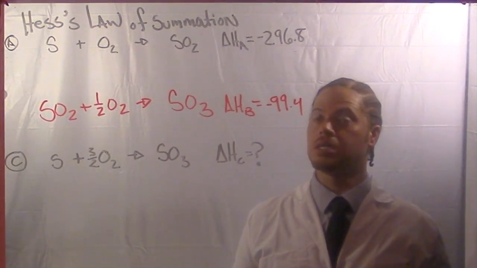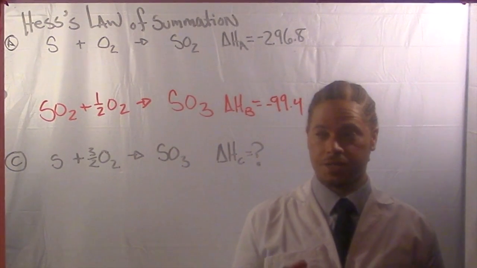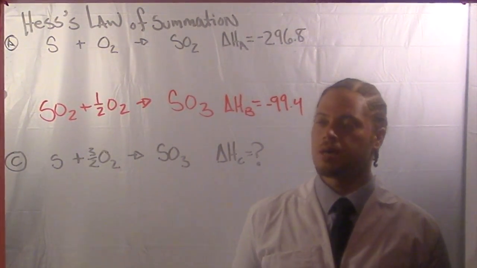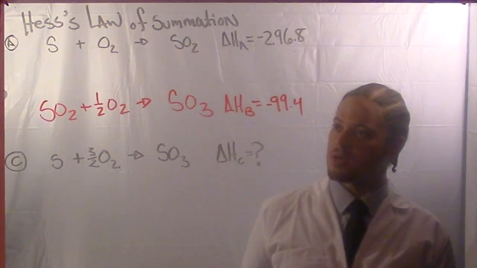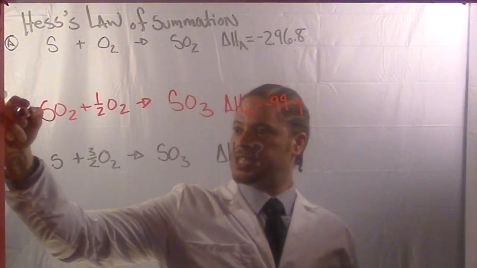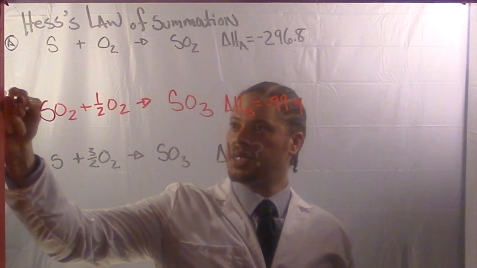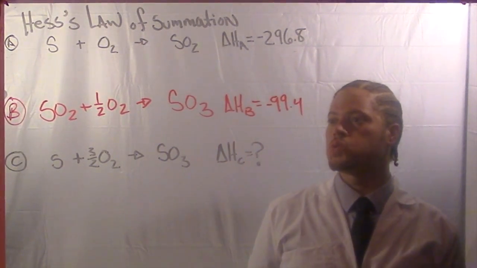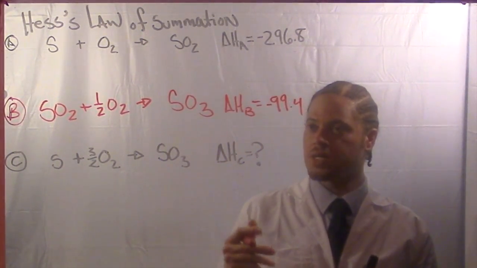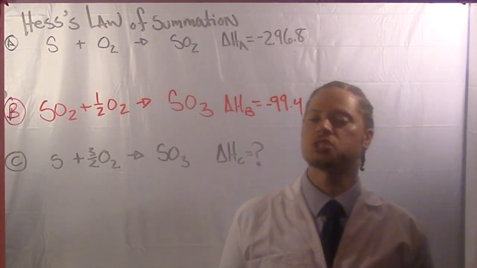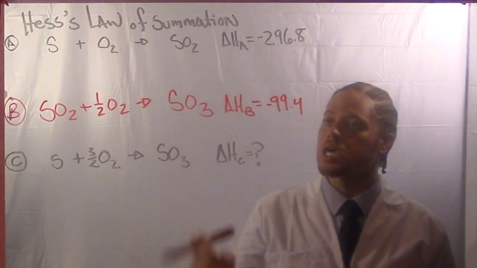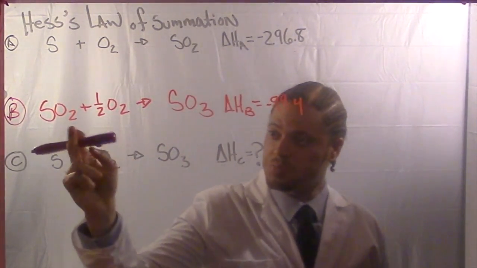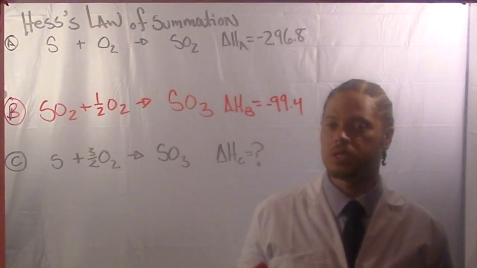Thermochemistry happens to be long-winded because there's a lot of terminology associated, but it's a simple algebraic process. So if I'm examining reaction A and reaction B, you want to see what we have on the products versus the reagents. Reaction A has SO2 in the products. Reaction B also has SO2 in the reagents.